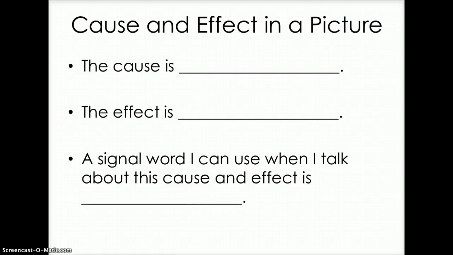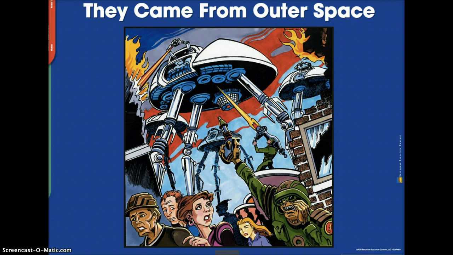So I would like you to think about the cause. Well, the cause for this is aliens coming from outer space, and it looks like they're trying to destroy the world. The effect is people running in terror, but then we have other people trying to defend the city with lasers and weird guns and stuff like that.